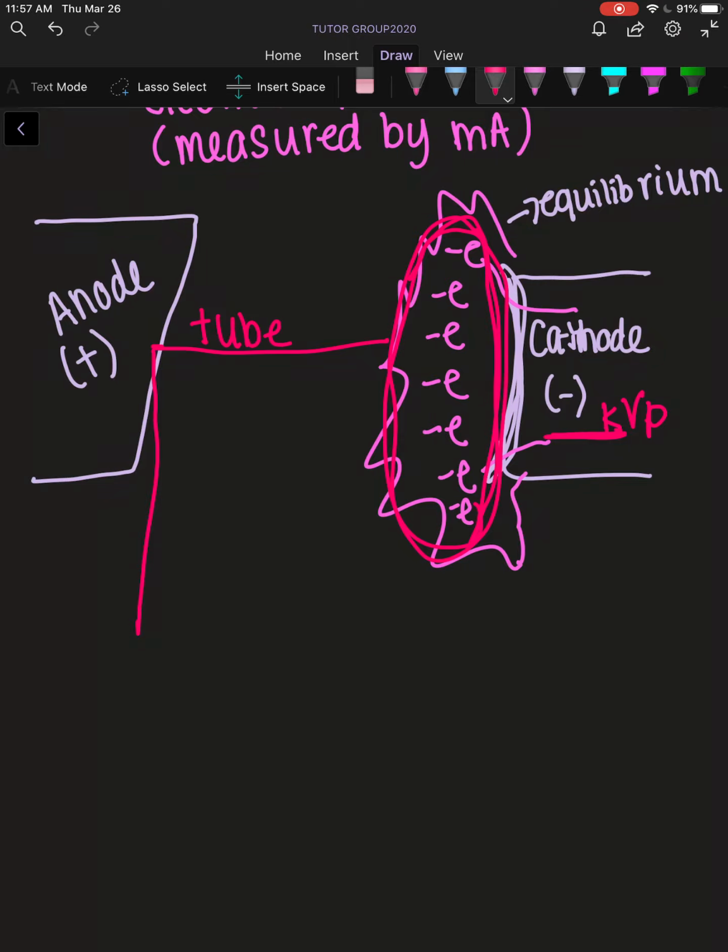Right here is where your tube current is going to be, because your tube current is the flow of electrons in the tube. So while they're traveling across here at a high speed, that is what's happening.